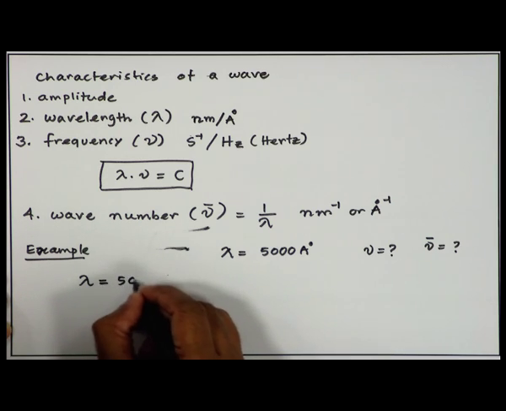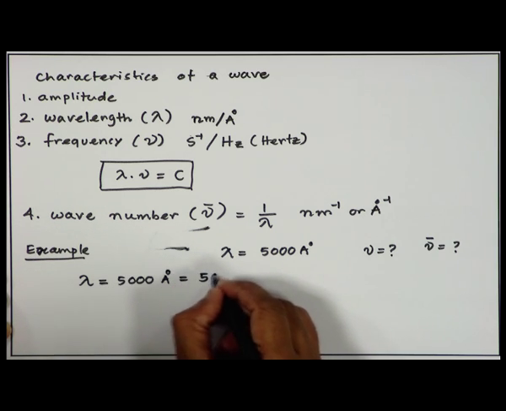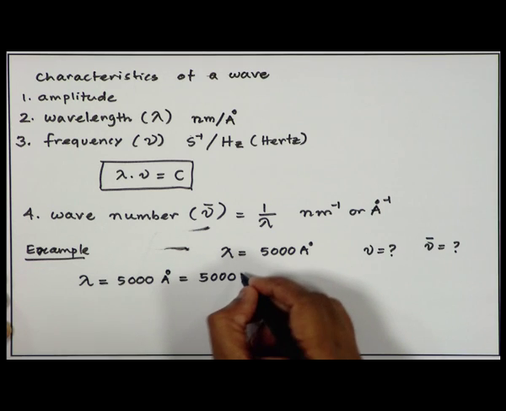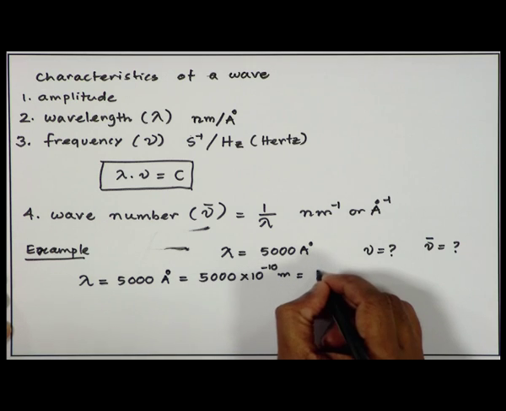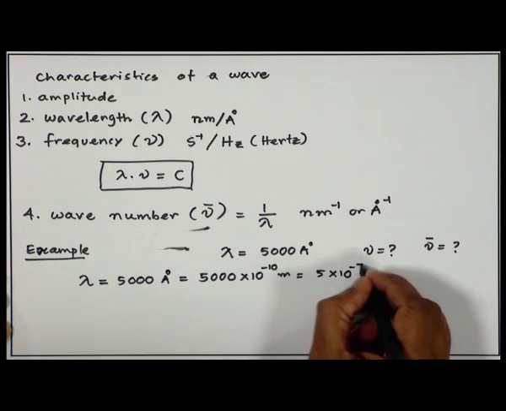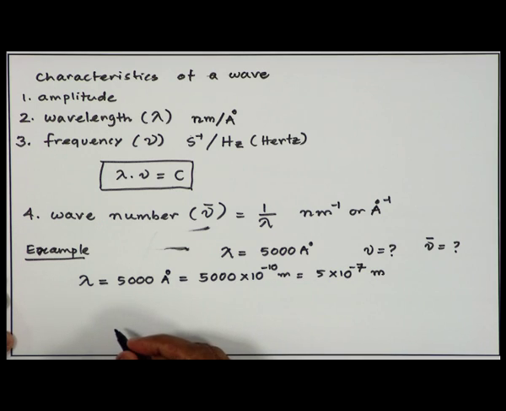Lambda is 5000 angstrom. You know 1 angstrom is 10 to the power minus 10 meter, so I have 5 into 10 to the power minus 7 meter. I am converting the unit to SI. So lambda is now 5 into 10 to the power minus 7 meter.